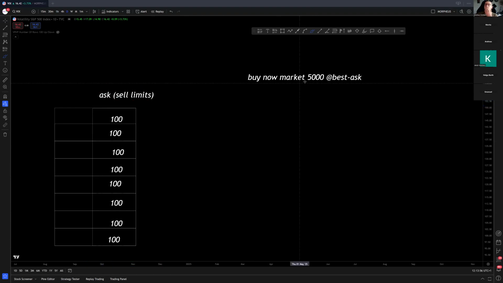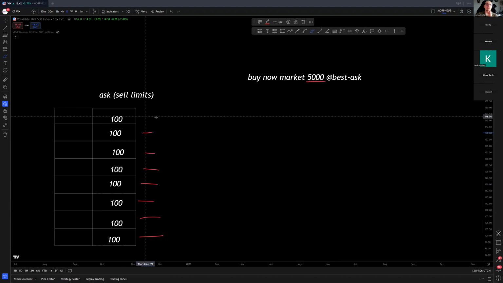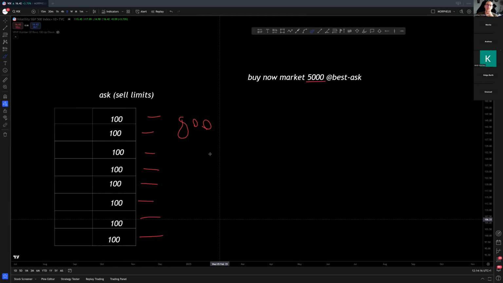So if you want to buy 5,000, you're going to need to fill 100 here, 100 here, 100 here, 100 here, 100 here, 100 here, 100 here. And with only these orders, we filled 800 contracts. By the way, 100 is around the average size you see in the book of the S&P 500 E-mini ES contract.